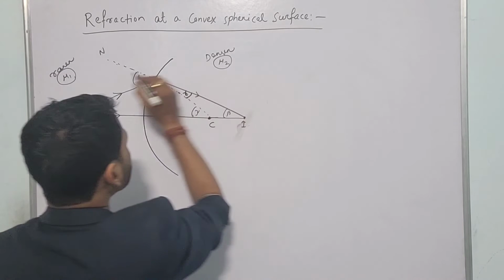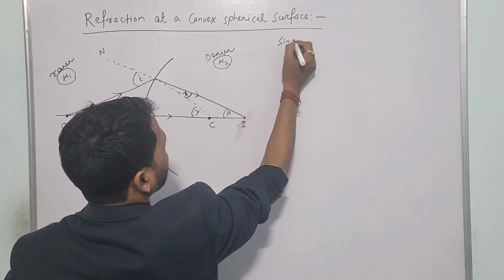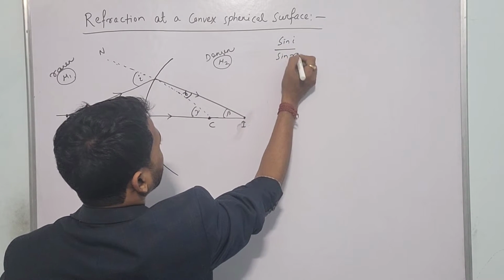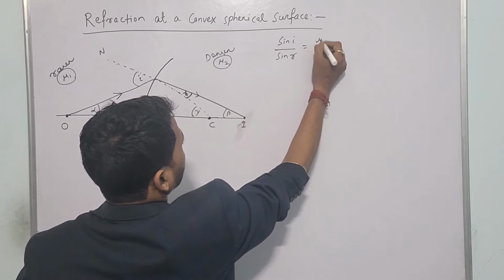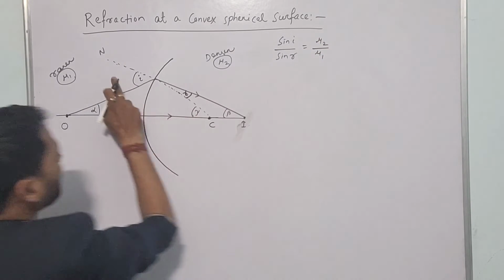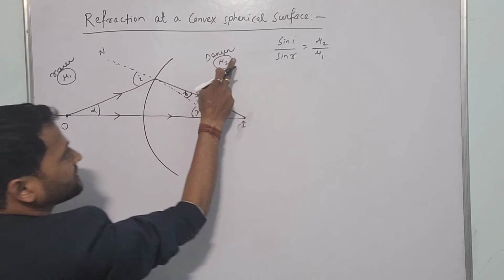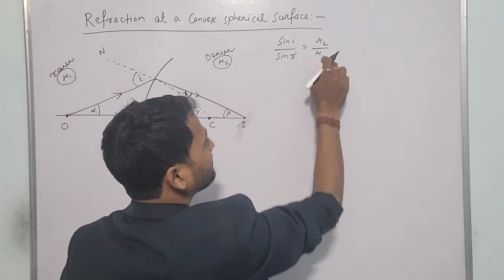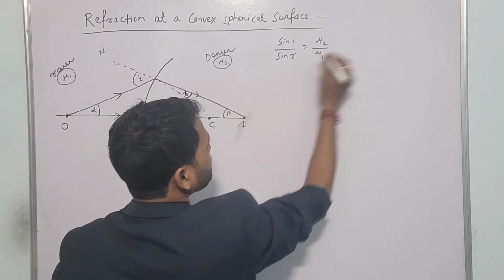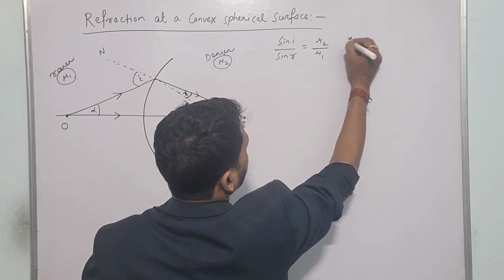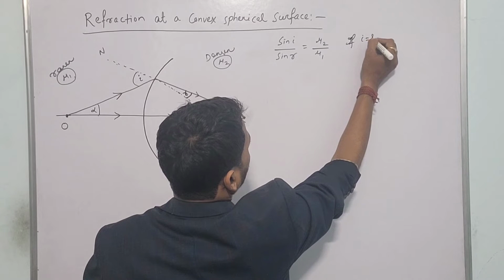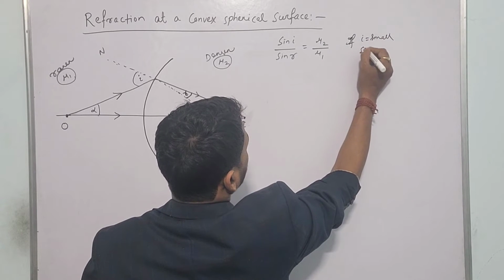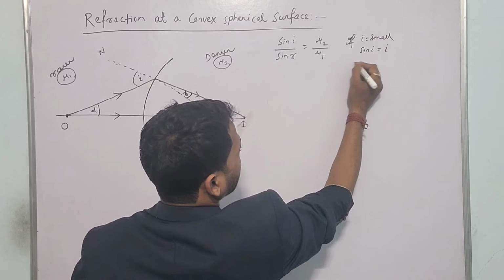So we know according to Snell's law, sin i by sin r will be equal to mu2 upon mu1. Sin i by sin r is the refractive index of denser medium to rarer medium, mu2 upon mu1, right? If i is small, we can consider sin i will be equal to i.